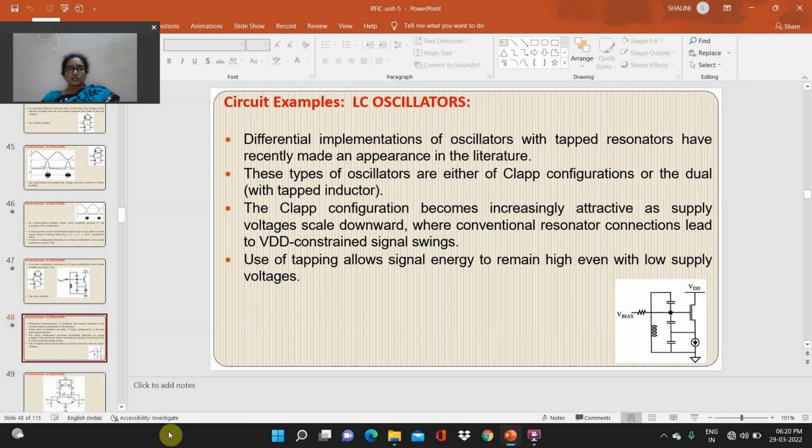These types of oscillators are either of Clapp configuration or dual. The Clapp configuration becomes increasingly attractive as supply voltages scale downward, where conventional resonator connections lead to VDD constrained signal swings. Use of tapping allows signal energy to remain high even with low supply voltages.